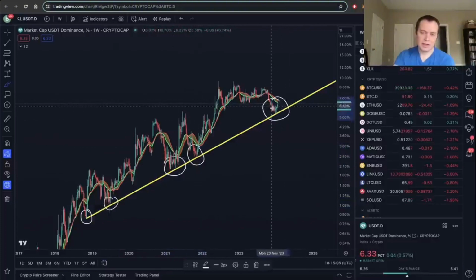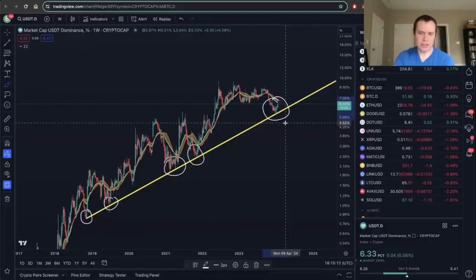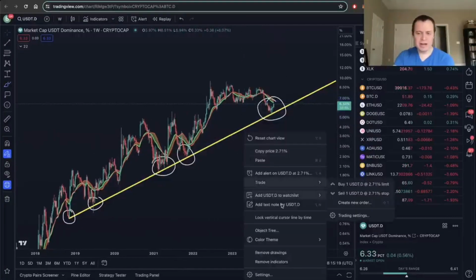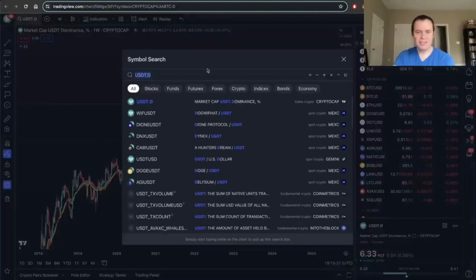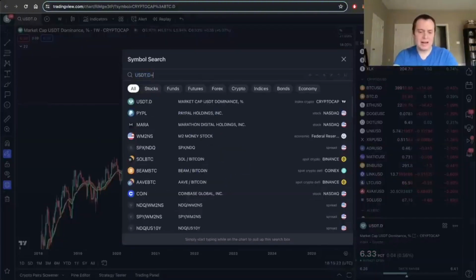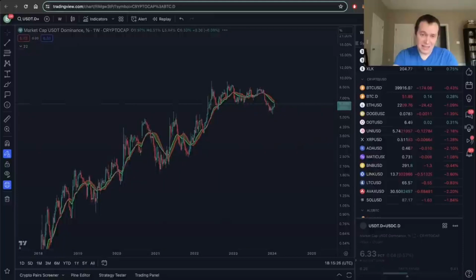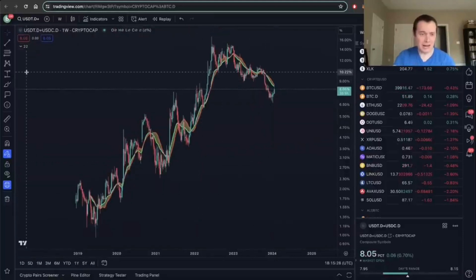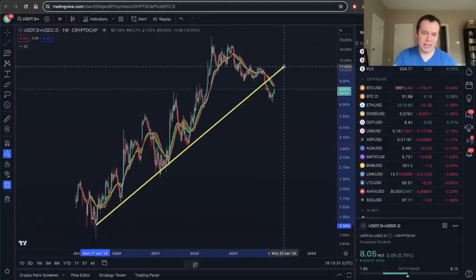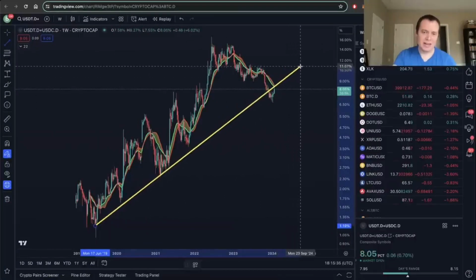Again, I don't know how much trust to put into the log version of this chart versus the linear. I think linear makes more sense. One of the reasons is that if you add up USDT dominance plus USDC dominance and perform the same exercise on a log scale, if you connect the dots, you can see that it already broke below.